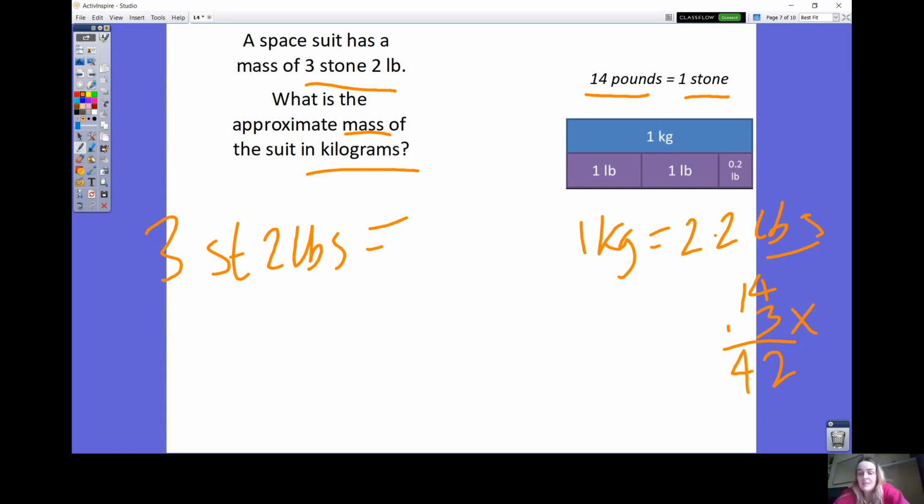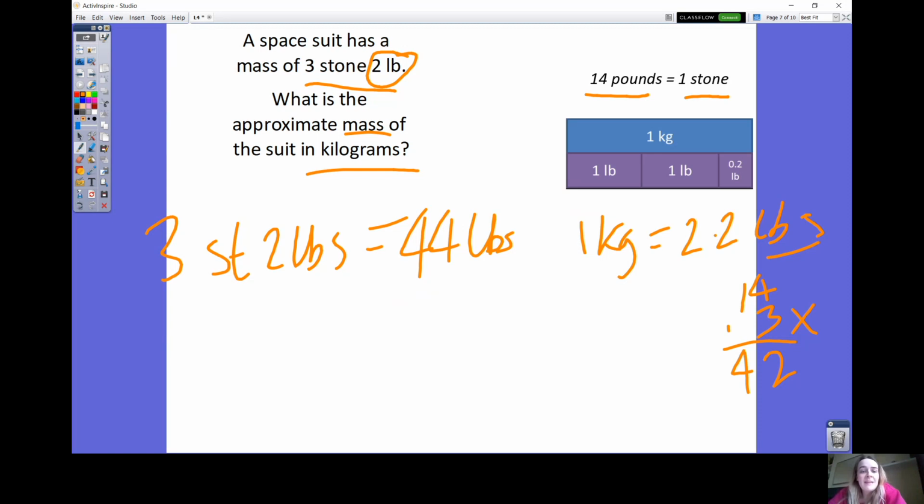So 3 stone is equal to 42 pounds, but you've got to add on the remaining 2 pounds here. 42 add 2 is equal to 44 pounds. Lovely. So 3 stone 2 pounds is equal to 44 pounds, okay?